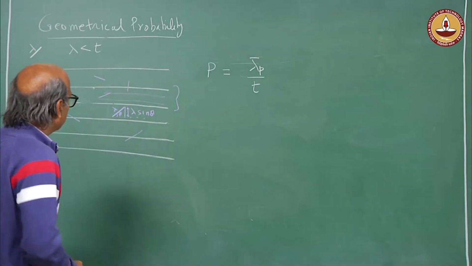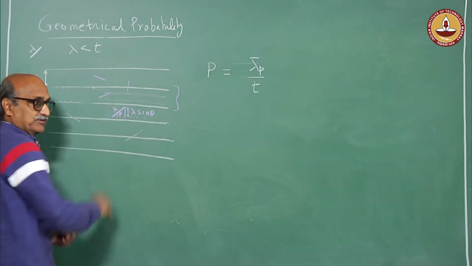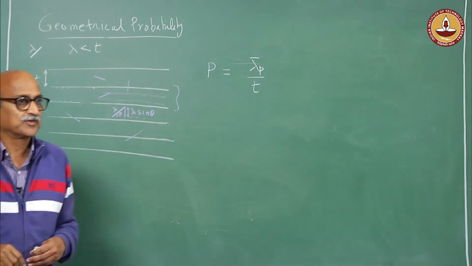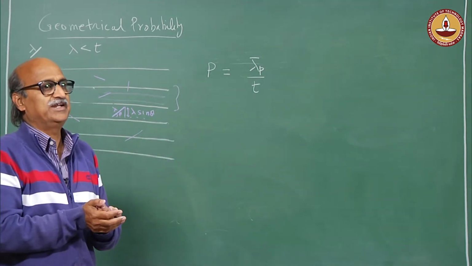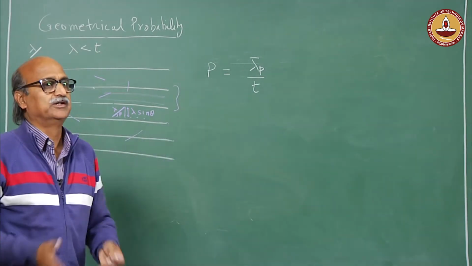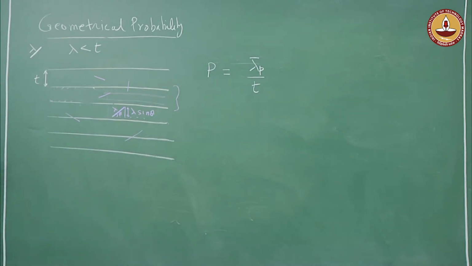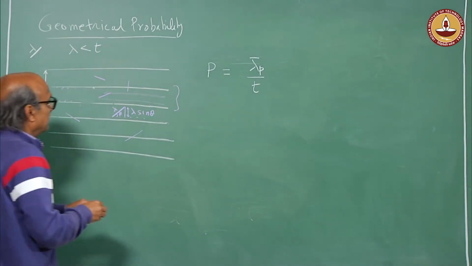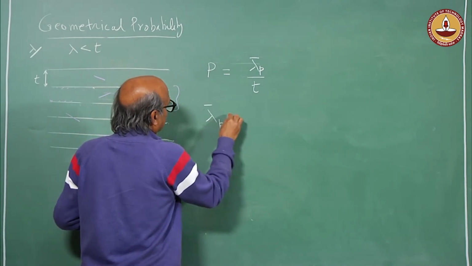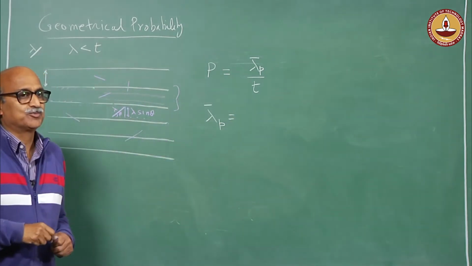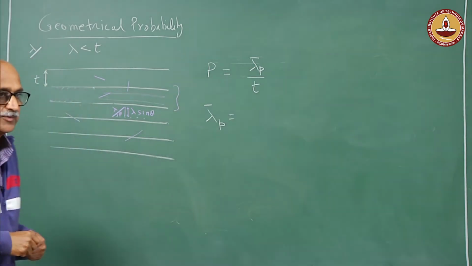Okay. So, what is this average projected length? Well, then you consider all possible orientations and average it over all the orientations. Now, what would be this average projected length, lambda p bar?